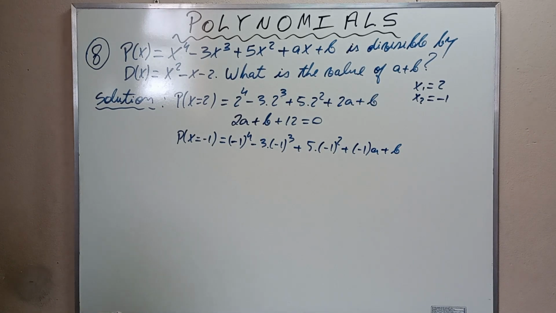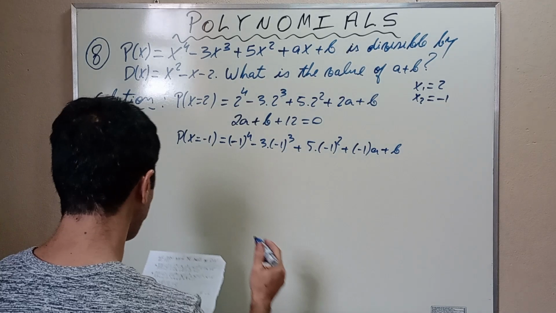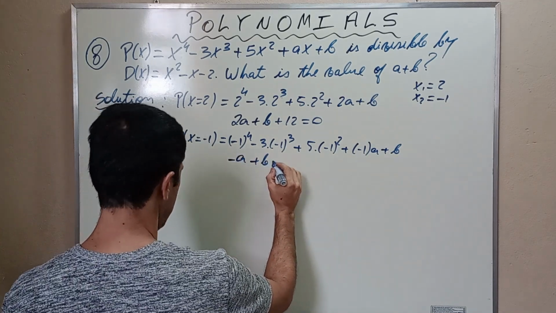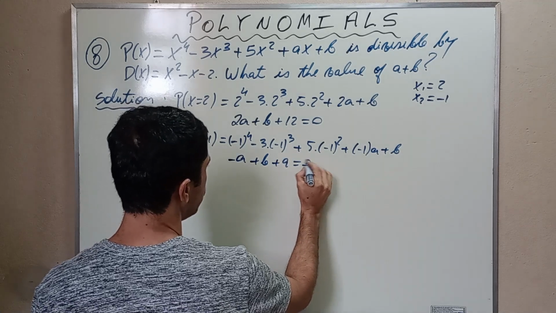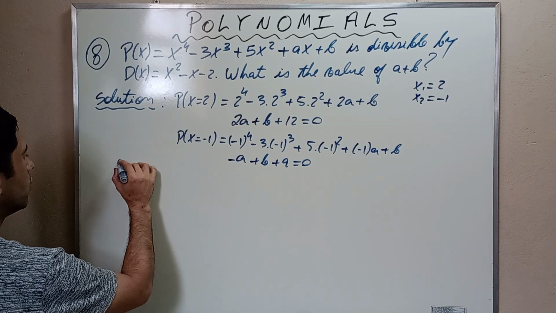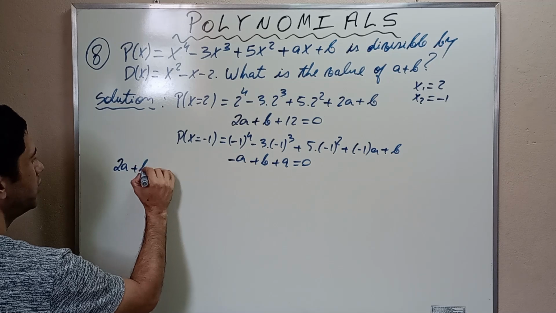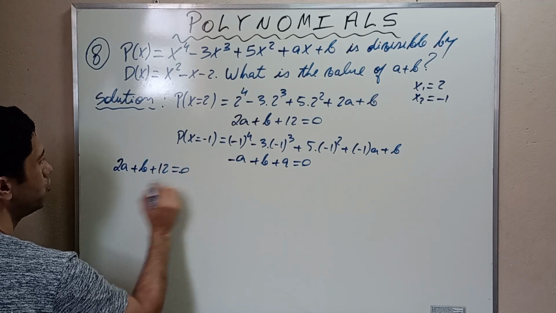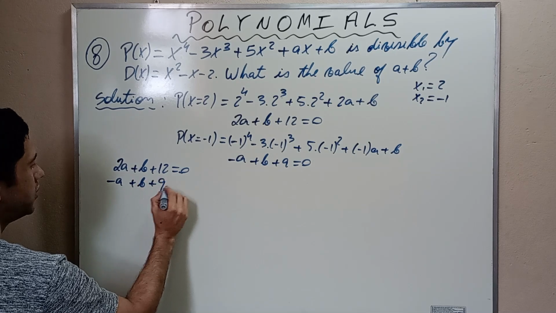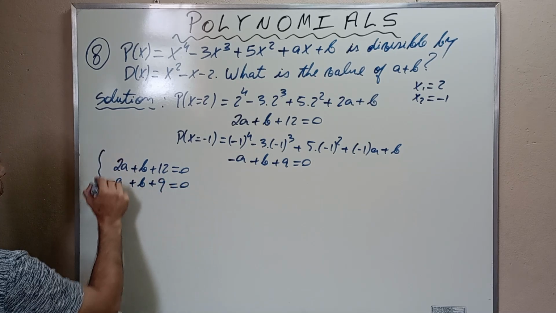And this has to be equal to 0 because -1 is a root. Then we find -a plus b plus 9 equal to 0. We've got here a system of equations: 2a plus b plus 12 equal to 0, and -a plus b plus 9 equal to 0.